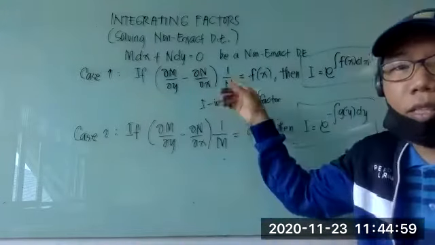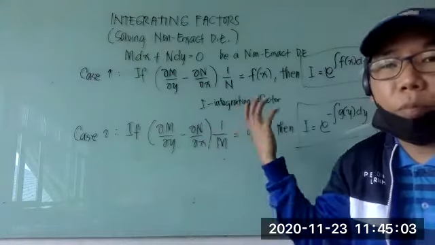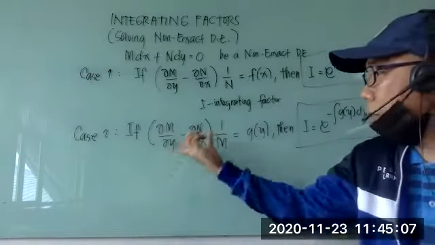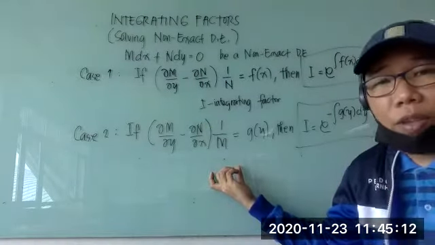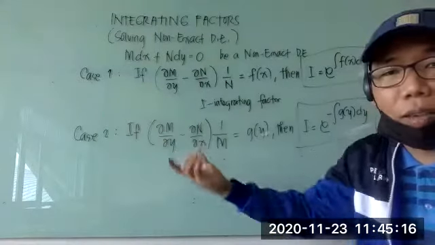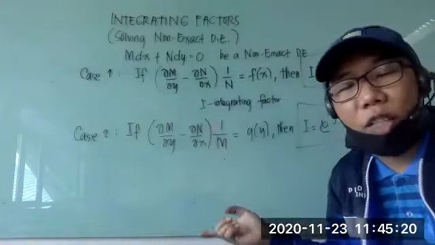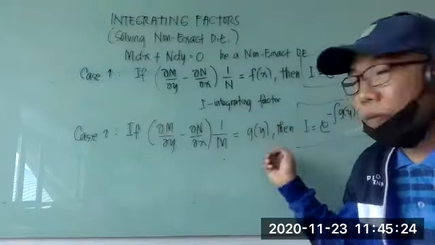So if you divide the difference by this N, the resulting function should be a pure function of x. Okay? Now, if you divide the difference by M, M is a coefficient or function associated with dx or the x variable. So it's as if you are dividing the difference by x. You're trying to cancel the function of x there. So what will remain is a pure function of y.